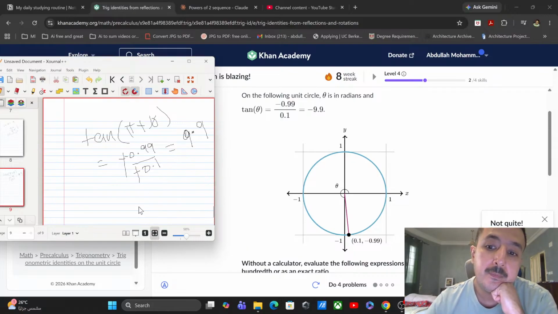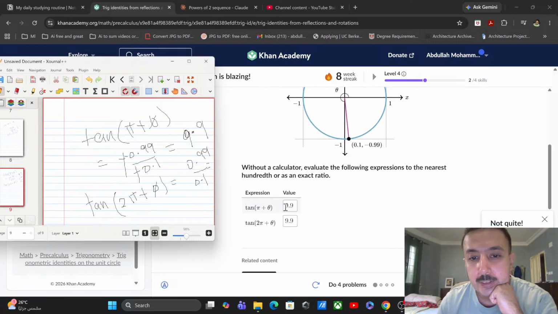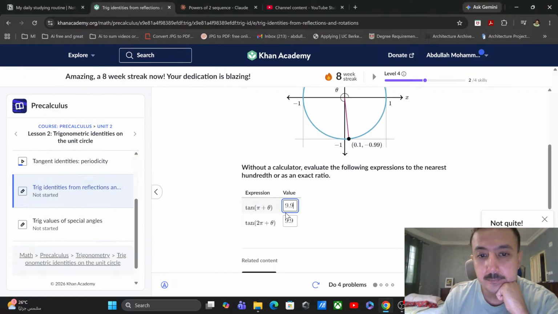And tan of 2 pi plus theta is going to be 0.99 over 0.1, which is going to equal 9.9. What's happening?